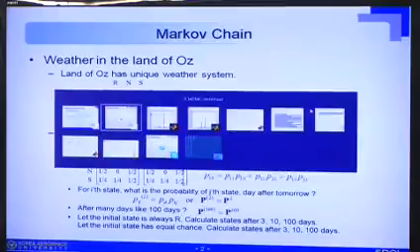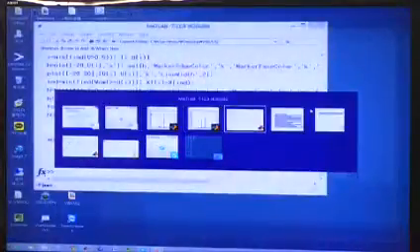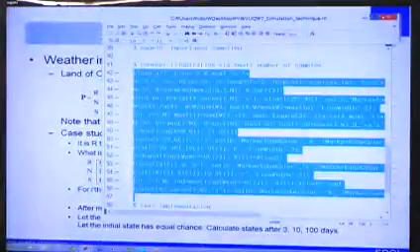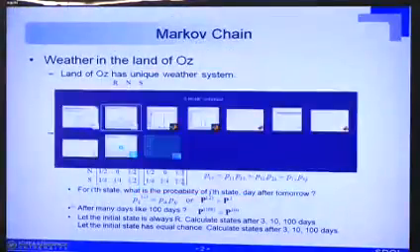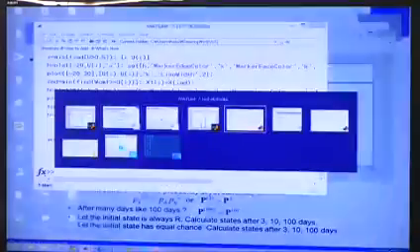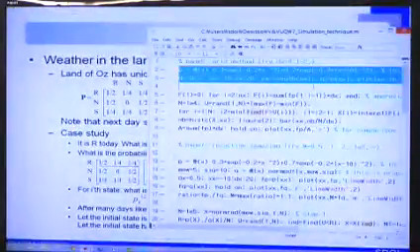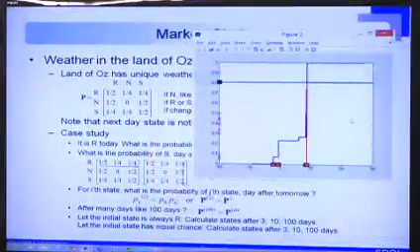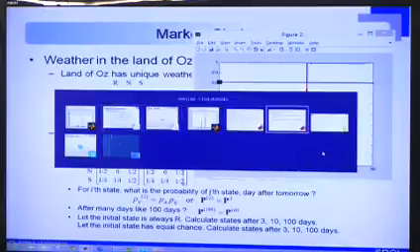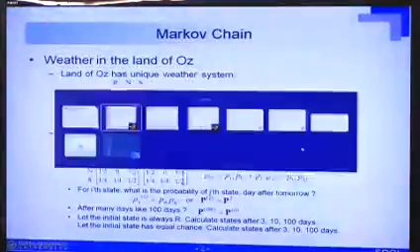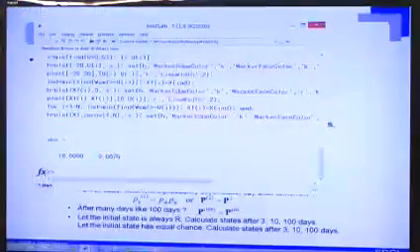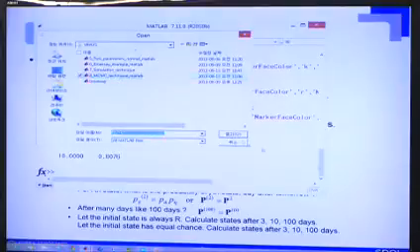In the MATLAB code, this is a simulation, so I have to find the code for MCMC. I have to pull out the code for MCMC here. Open.